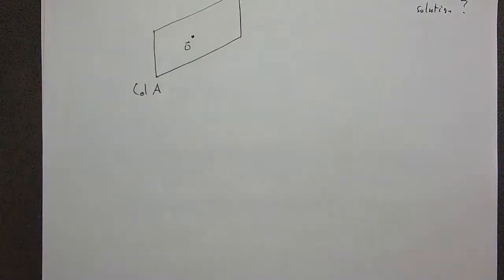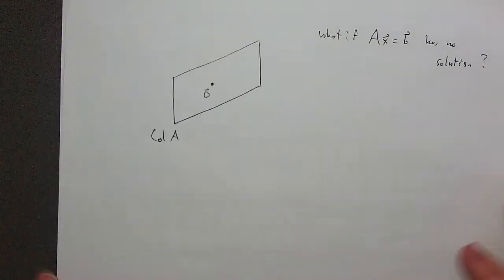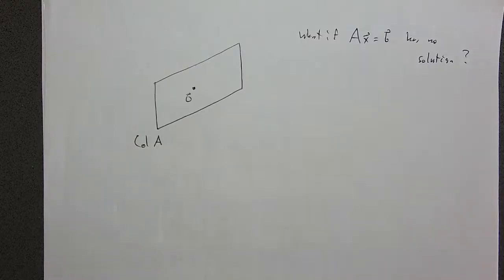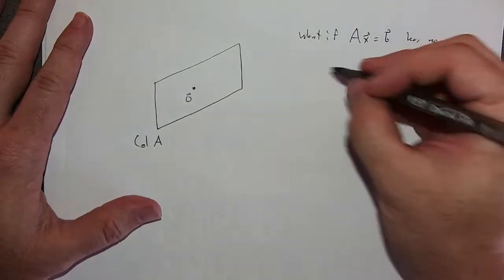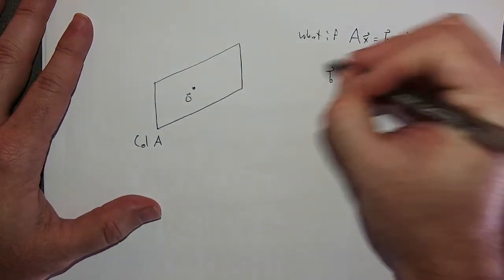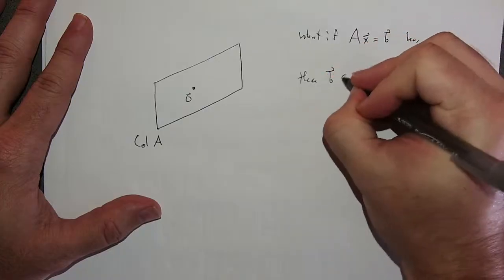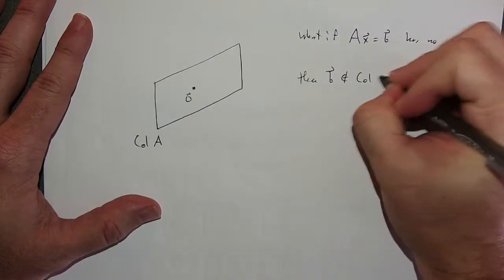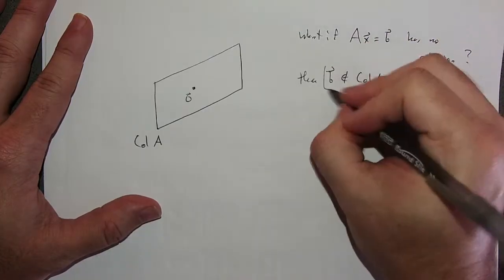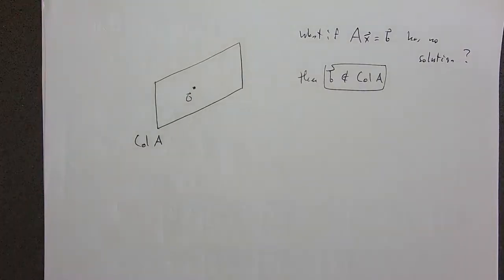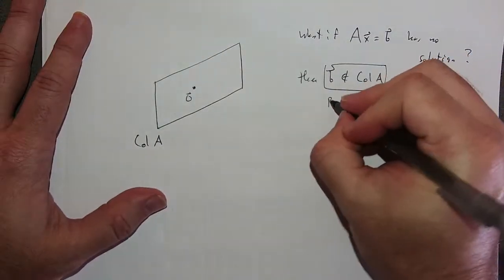Well, if Ax equals b has no solution, then what I know is that b is not in the column space of A. But b is in Rm.